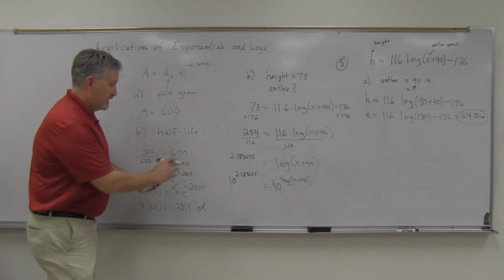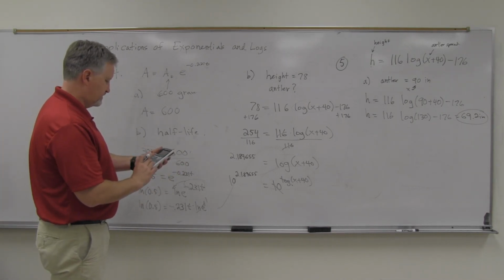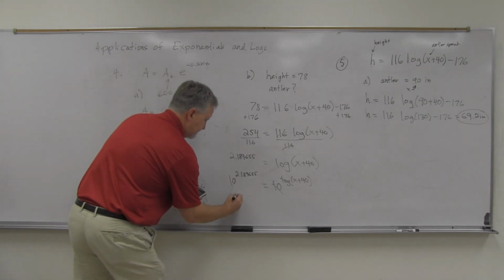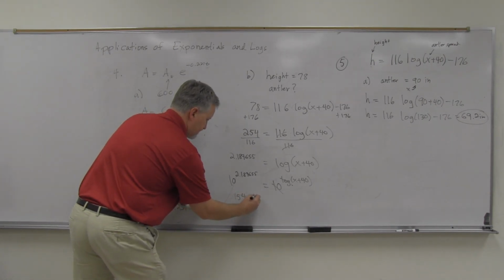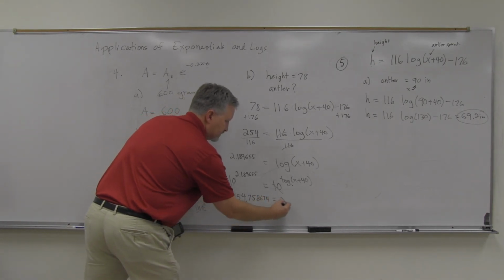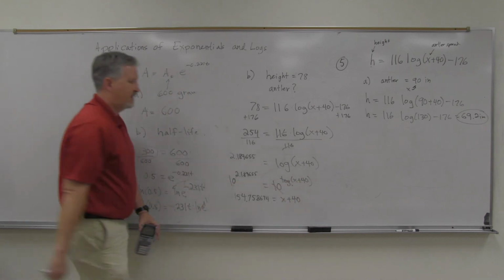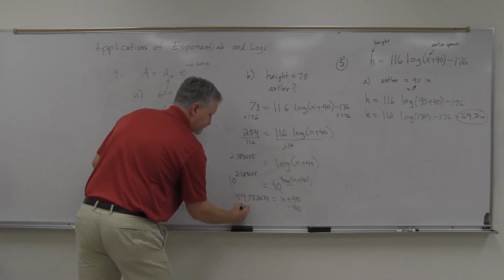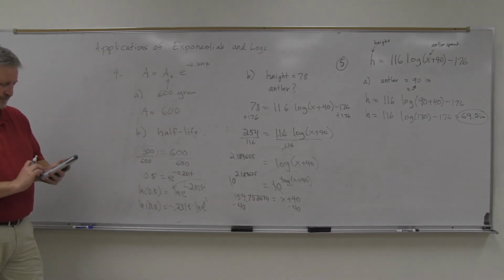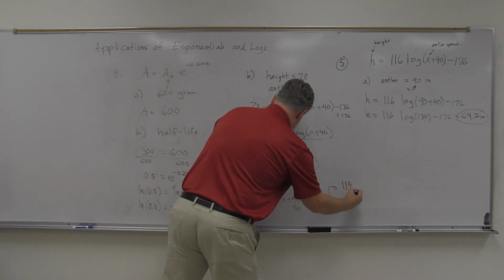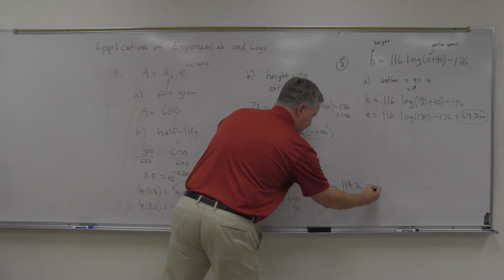So 10 raised to the 2.189655 is 154.75, equals x plus 40, because that cancels out. Let's just subtract 40. That'd be 114.75. I hurried on that, but any questions on that? That's inches.